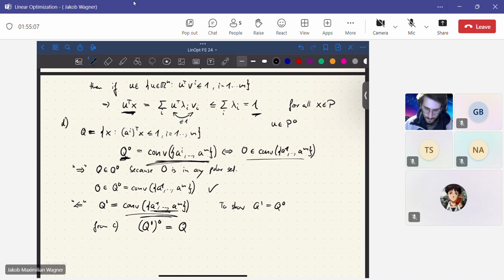So now we want to somehow show that the Q prime is the polar of Q, and to get the polar of Q, we take the polar sets on both sides. So we get that if we take Q prime and the polar of this, the polar set, this is the same as the polar set of Q.